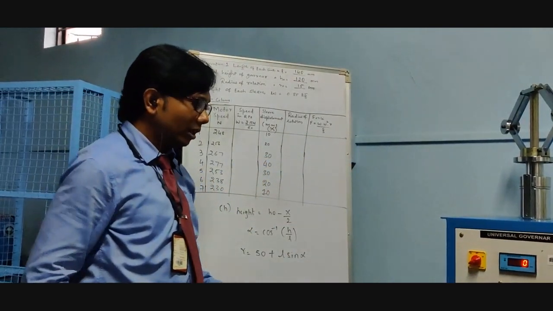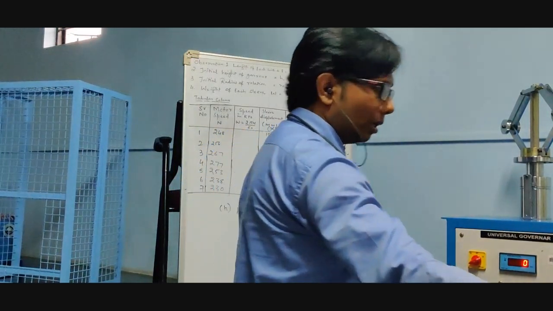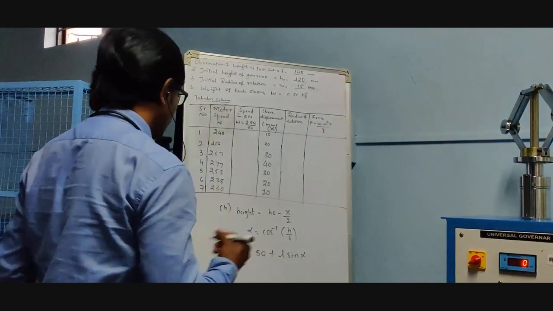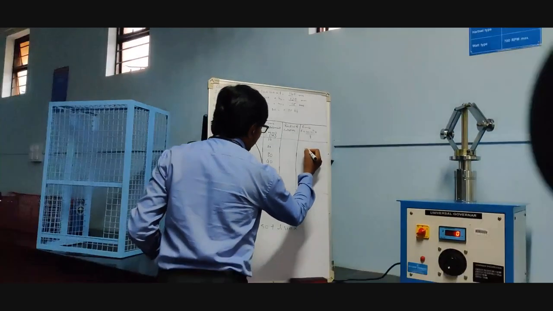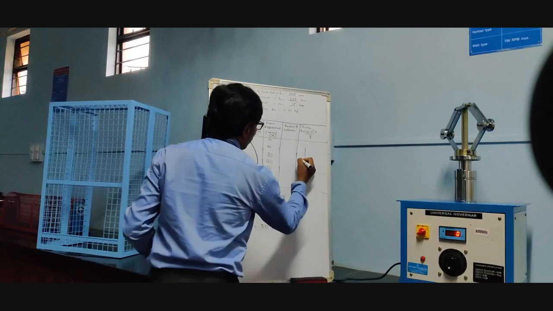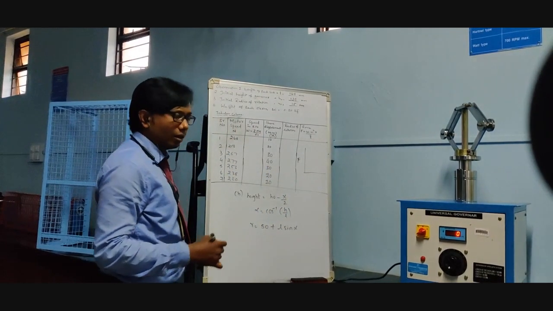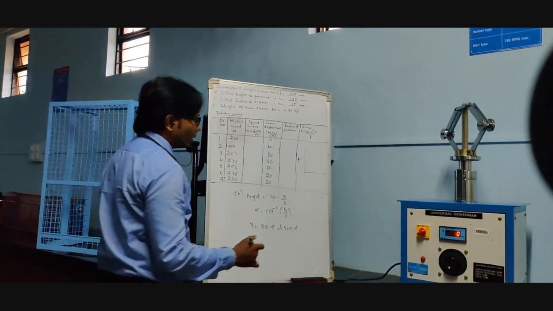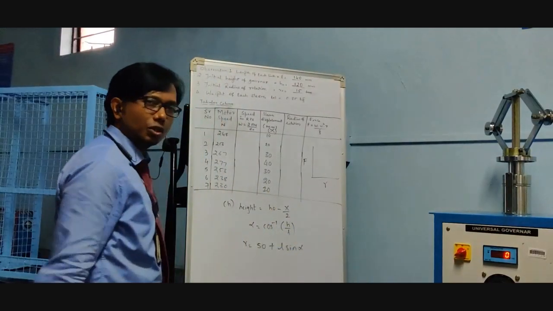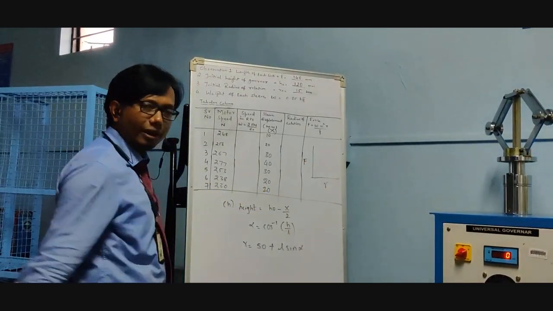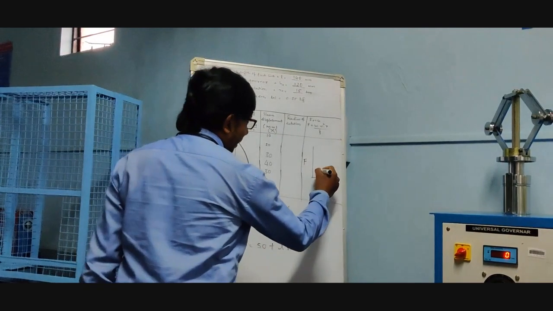In the graph part, you have to plot the controlling force versus the radius of rotation. You will get a graph somewhat like this.